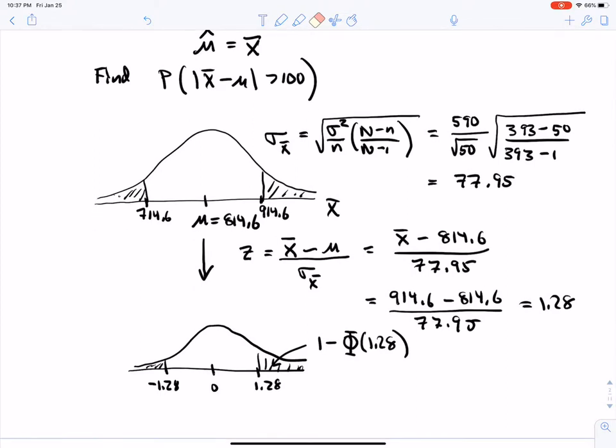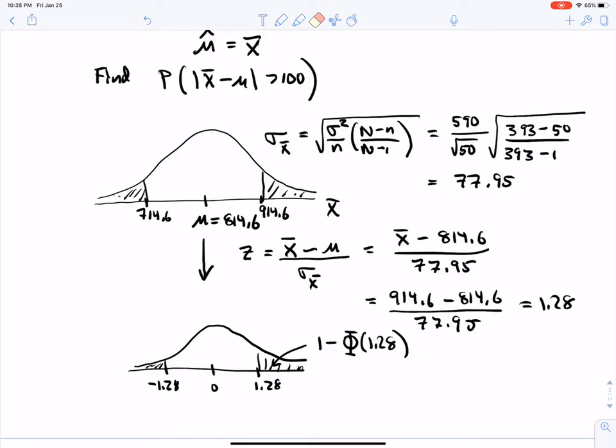We need to find the shaded area, so we normalize, and once we get the standard normal curve, we can compute the CDF.